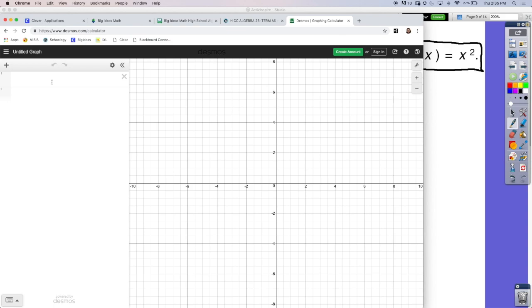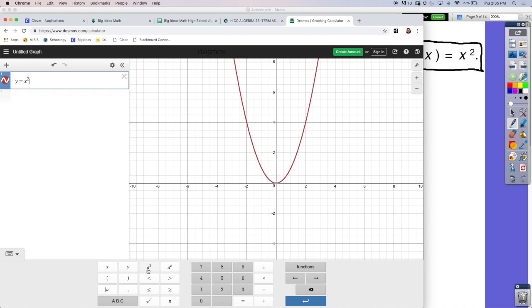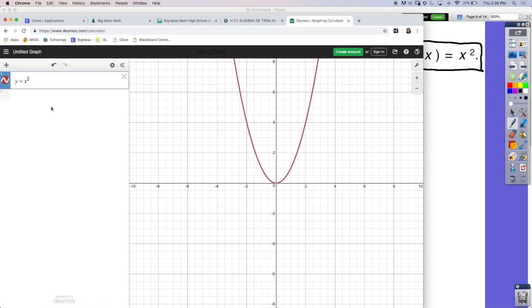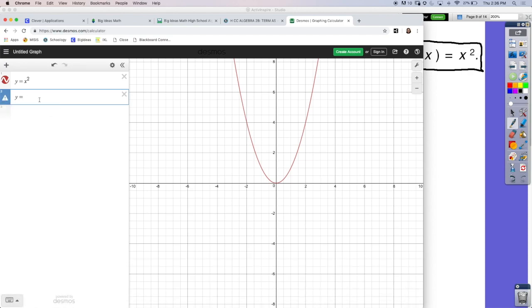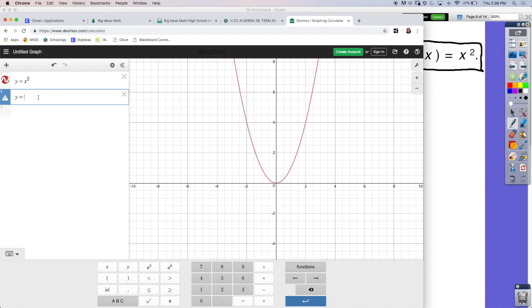Okay, first, the mama function is what? y equals x squared. The good thing about Desmos is that you can do it in color. Everybody see the red mama function? Okay, so you guys said y equals, I'll hide it for a second so you don't see it, 4x squared, plus 1.